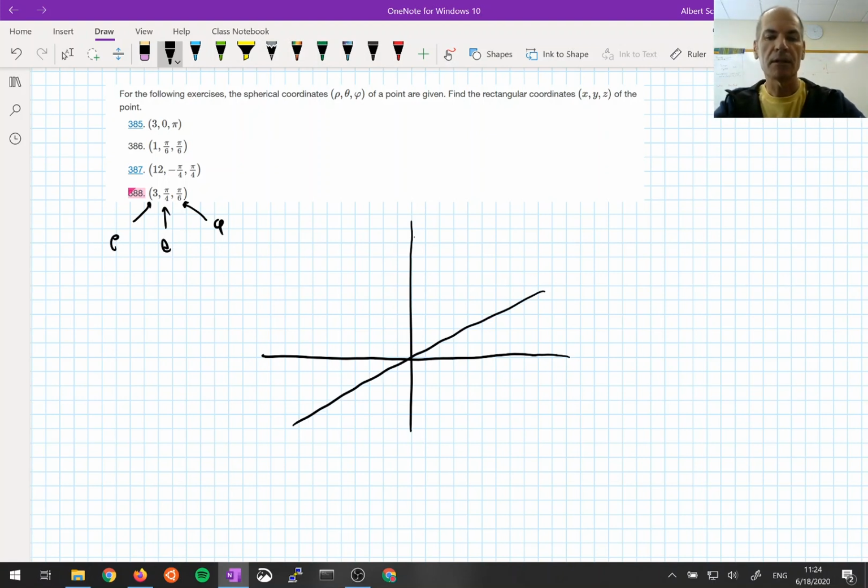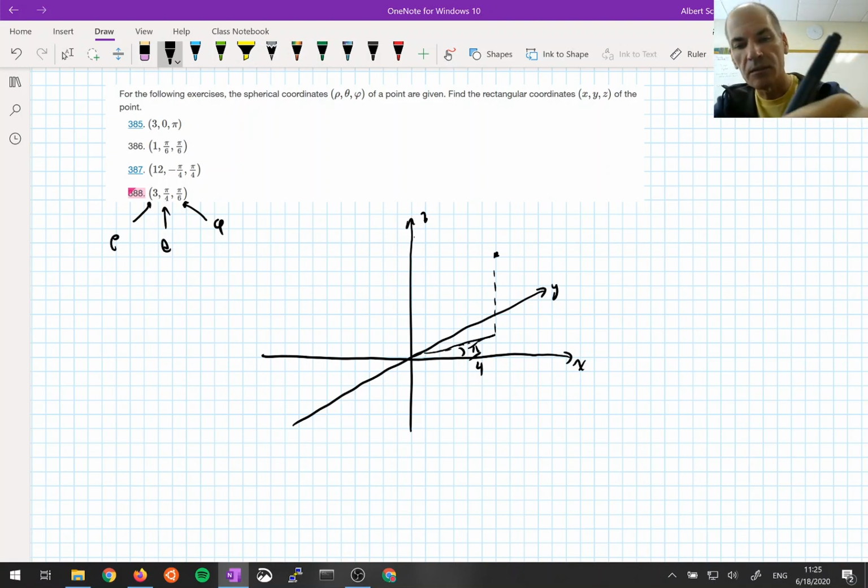So now I'm talking about something that's a distance 3 from the origin. Just kind of arbitrarily put it there. And when I project it down into the xy plane, that line segment makes an angle of theta, in this case pi over 4, with the positive x-axis.